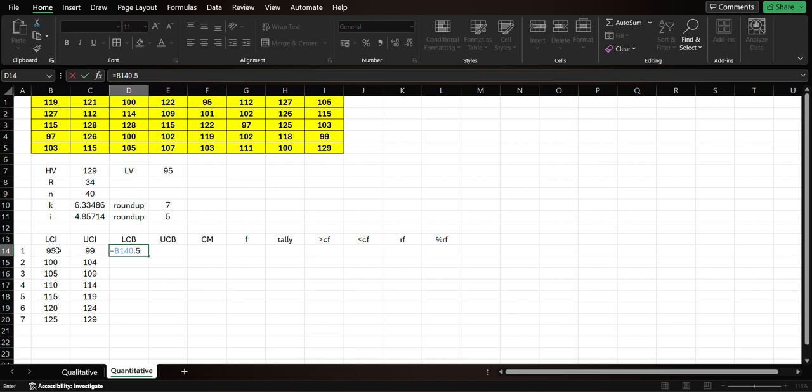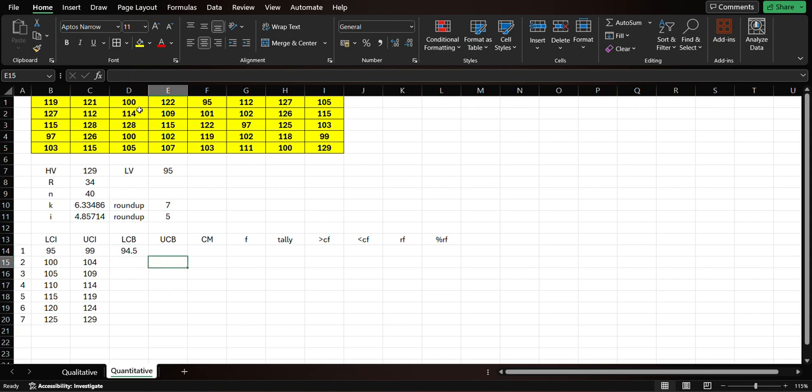Now, for the lower class boundaries and upper class boundaries, again, the formula there is just subtracting 0.5 to the lower, all right? Subtracting 0.5 to the lower and adding 0.5 to the upper.